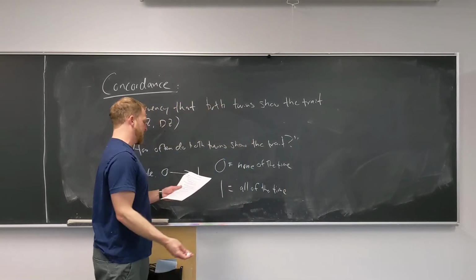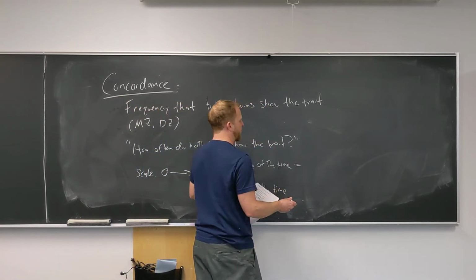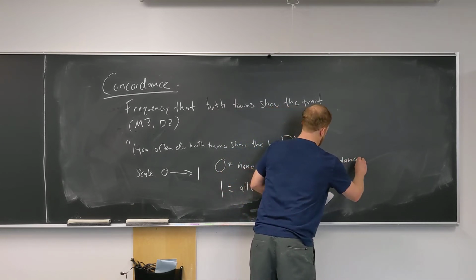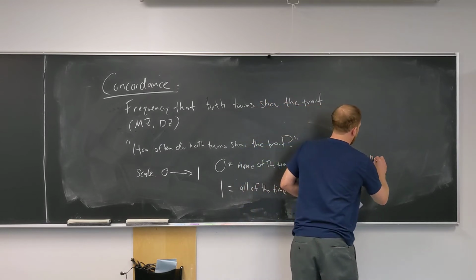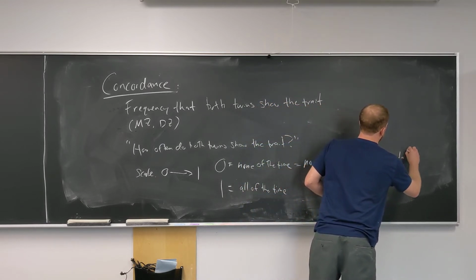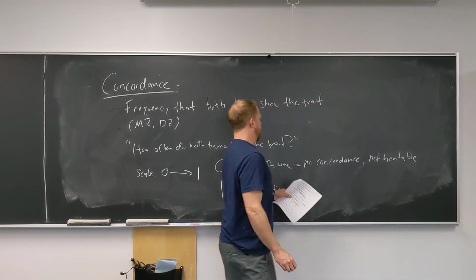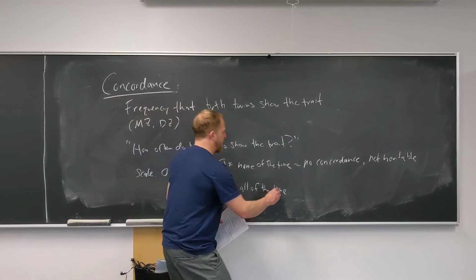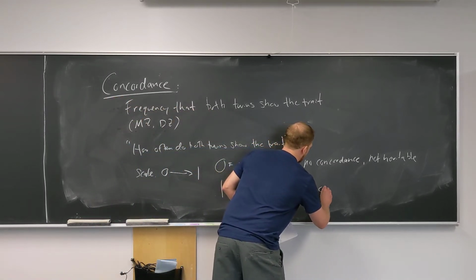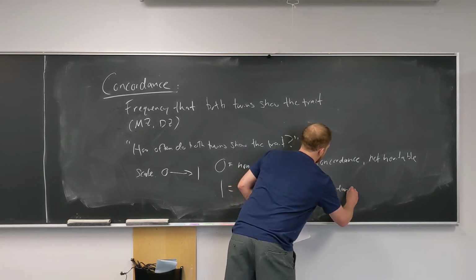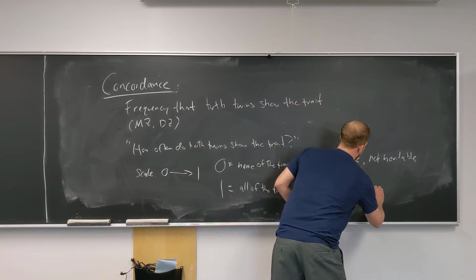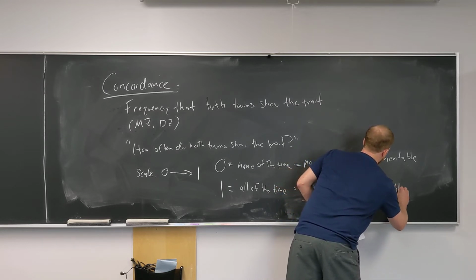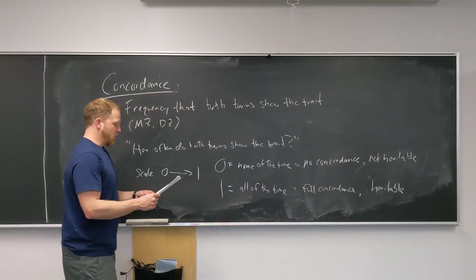In more formal terms, 0 would be no concordance, and by extension not heritable. Whereas if the concordance value is 1, both twins show the trait all of the time, this would be full concordance, and highly heritable. So this is this idea of concordance.